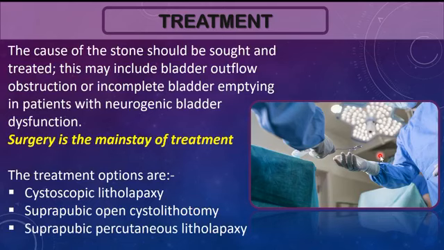Whenever the bladder stone is broken inside, it is called litholapaxy. It is broken down by mechanical or other means like laser, pneumatic lithotripsy or electrohydraulic lithotripsy. By any means, the stone can be broken piecemeal.